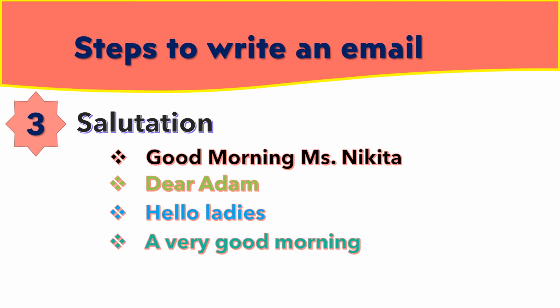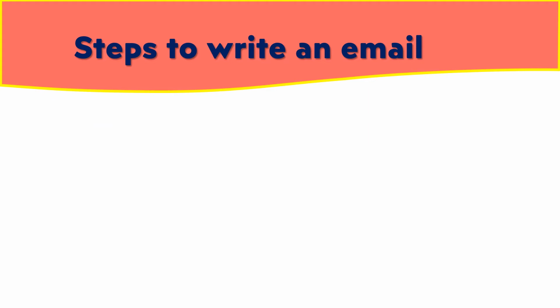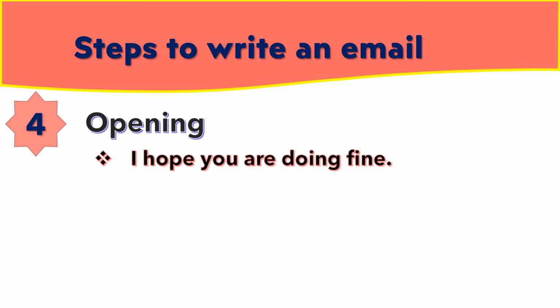I mean, you will first write a very good morning followed by the name of the person to whom you are writing your email. So these are a few examples of how you can write your salutation. You can come up with your own new ways too. Now, once we have filled in the salutation, the next step is to start writing the message. So you first need to come up with an opening sentence.